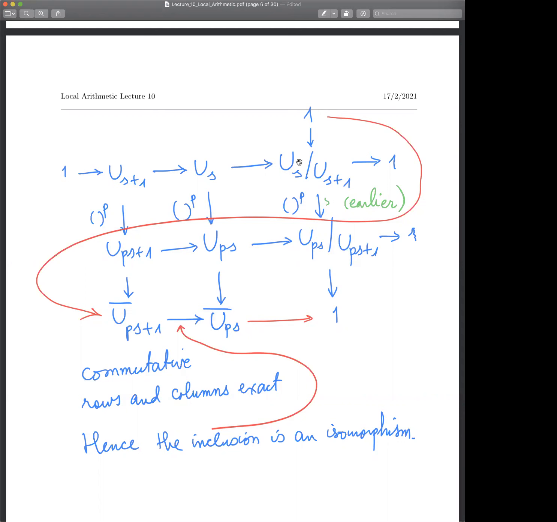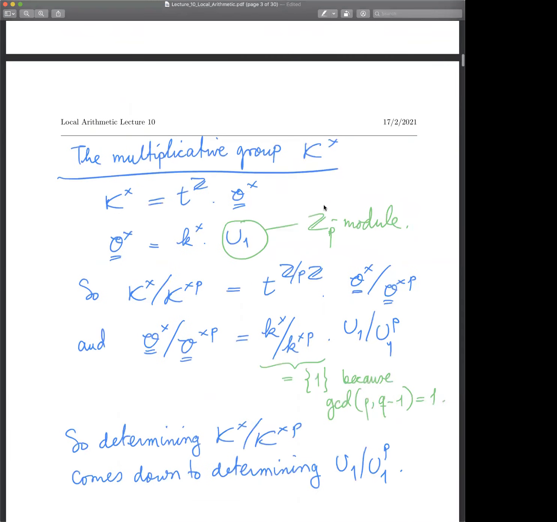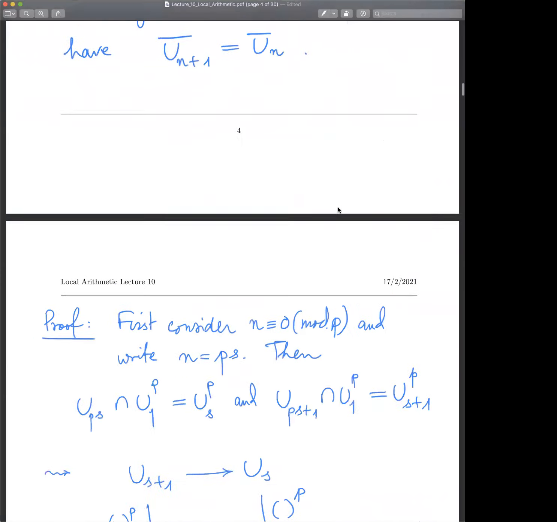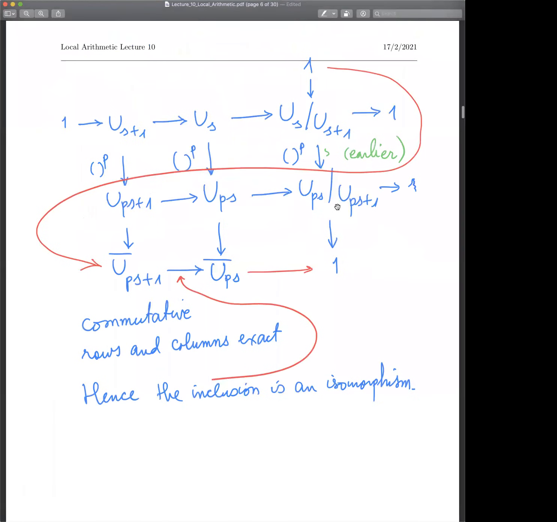And we had also seen that this thing here is an isomorphism. Yeah, so maybe I didn't recall it today, but this arrow here, the green tilde here, is actually an isomorphism.